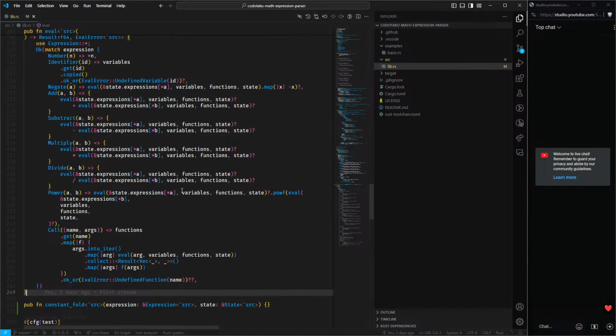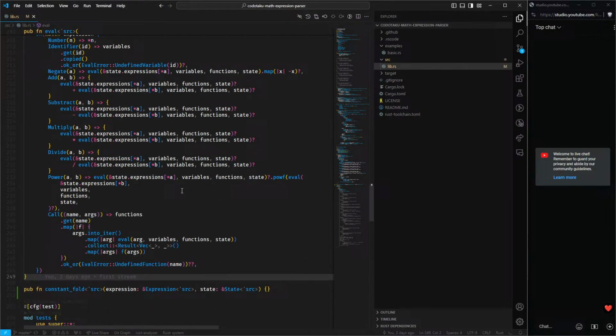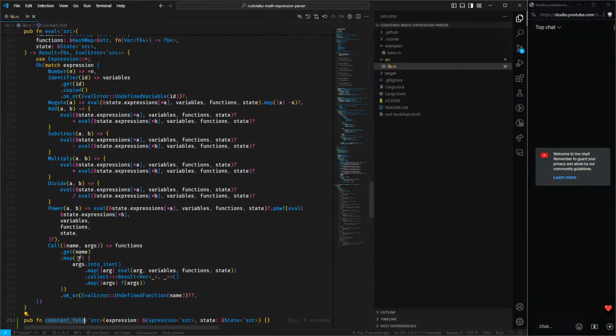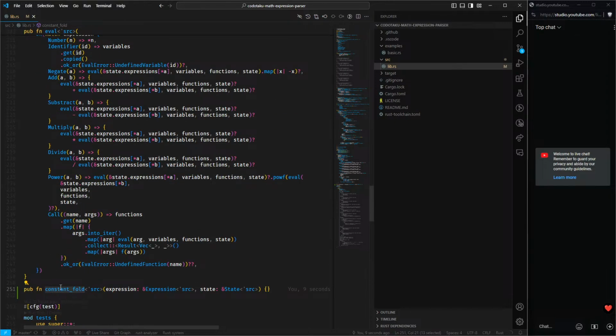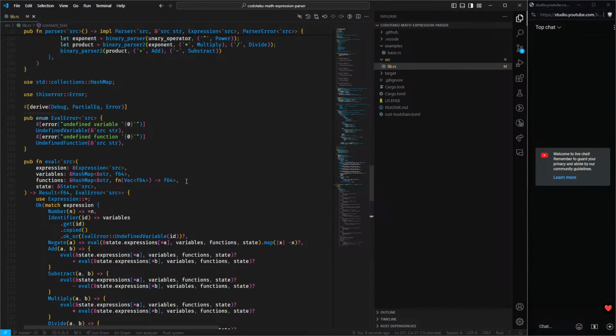But I would like to actually go further than that and allow the user to use this constant folding every time they have some variable that became a constant at some point in the program. They can actually use ConstantFold again to optimize the AST even more using those constants, right?